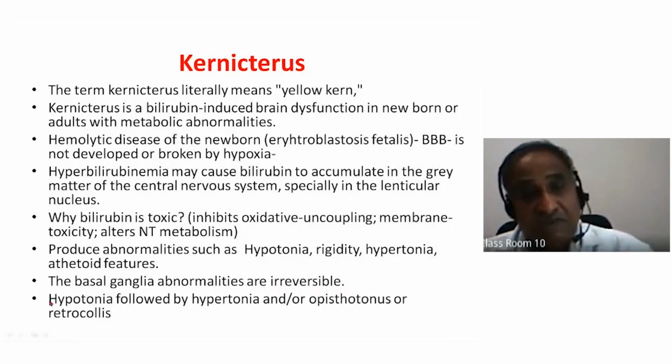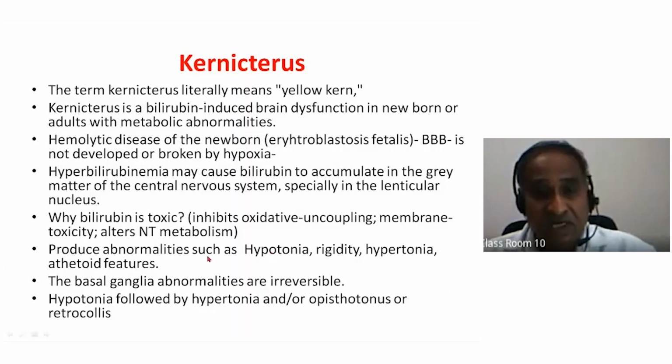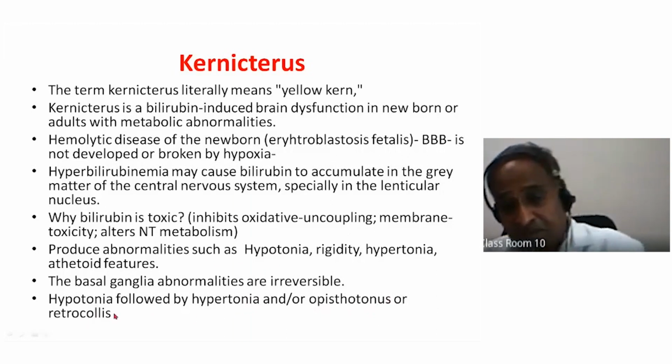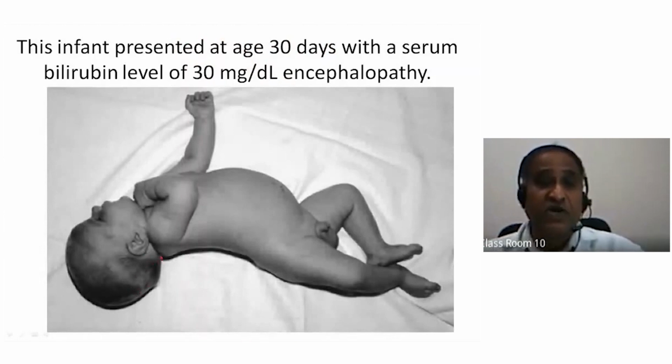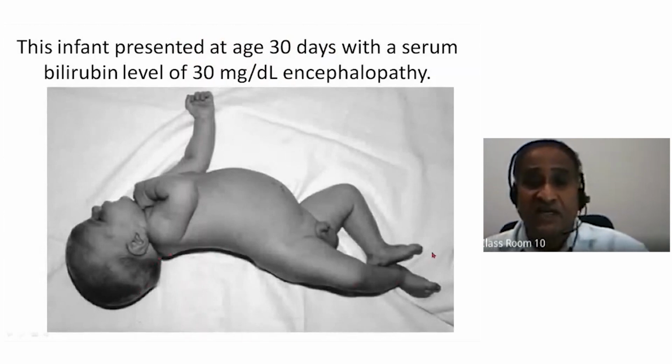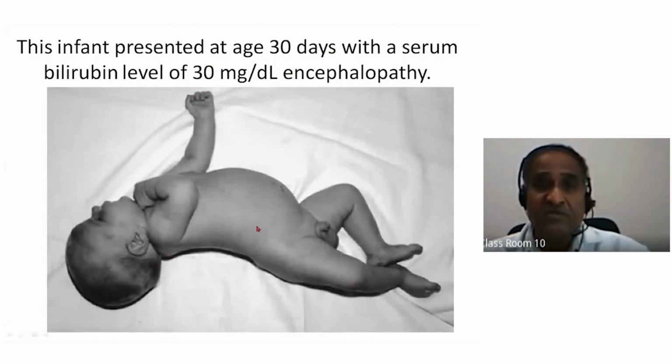Now, they may have abnormalities like hypotonia followed by hypertonia and opisthotonus or retrocollis. You just see this picture. This is the opisthotonus and retrocollis. This child has these movements of the limbs, and you see that opisthotonus neck position.